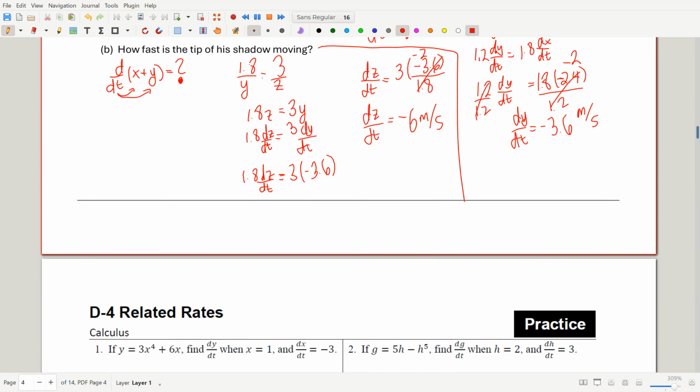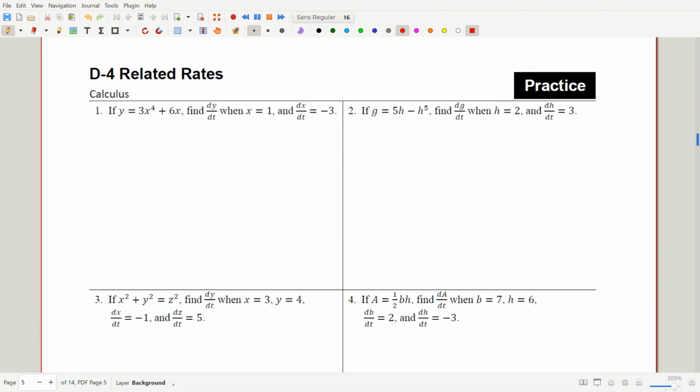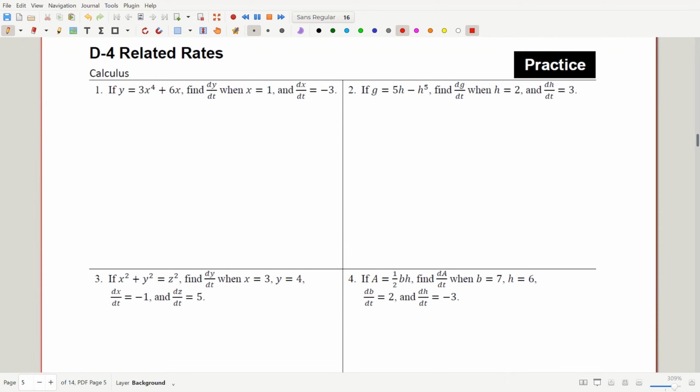All right. So the rest of the time we have to work. The problems start off relatively simple. These are just practicing the math component of it. No word problem whatsoever. When you're doing these, differentiate everything with respect to t.